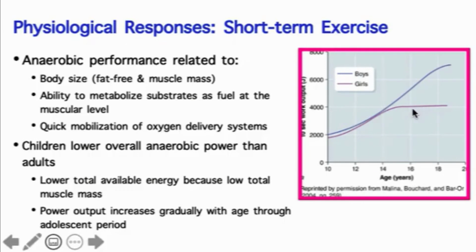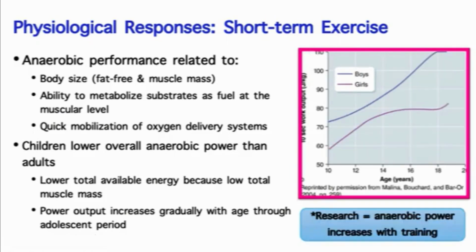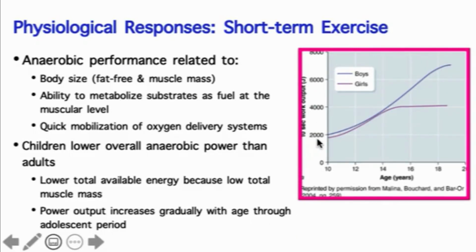Some women, maybe where we see this plateau effect, that can be counteracted with training, which we can see in this graph here. Now the y-axis is a little bit different. Some of you might be looking at the numbers and you're like, whoa, if we go back to this one, their power output was at 2,000, all the way up to about 4,000 when they plateaued.